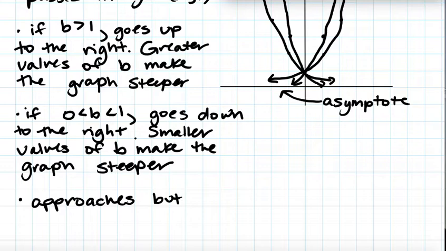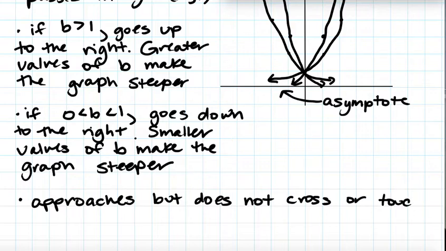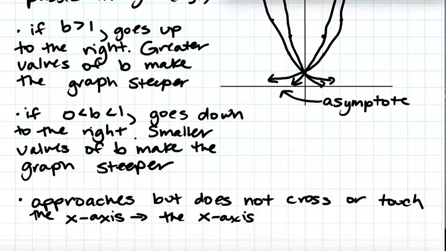So it approaches but does not cross or touch the x-axis. So we say that the x-axis is a horizontal asymptote. It's a horizontal asymptote because it's a horizontal line.